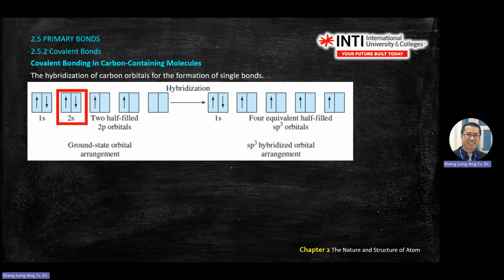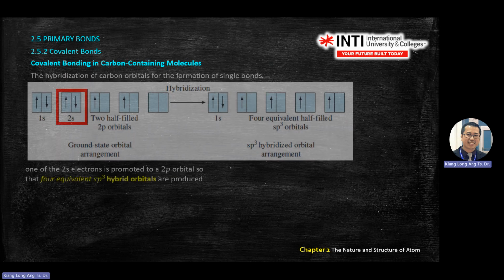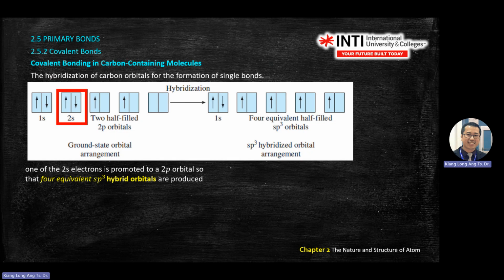When they form a single bond, they promote one of the 2s electrons to the p orbital. They move it to the far right, to the parking space here. So when you have 4 individual electrons, it means they are forming single bonds.